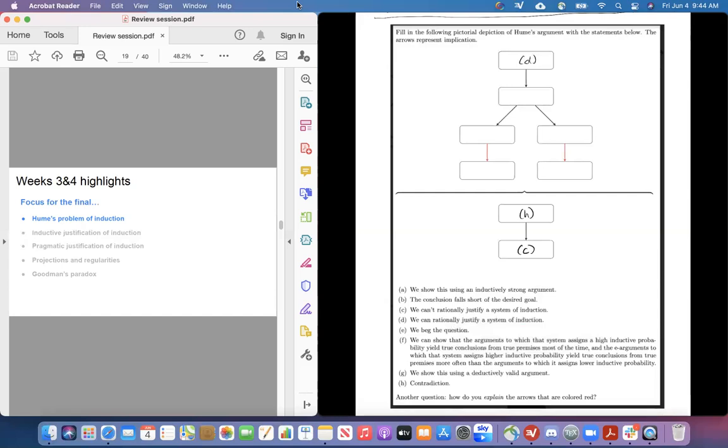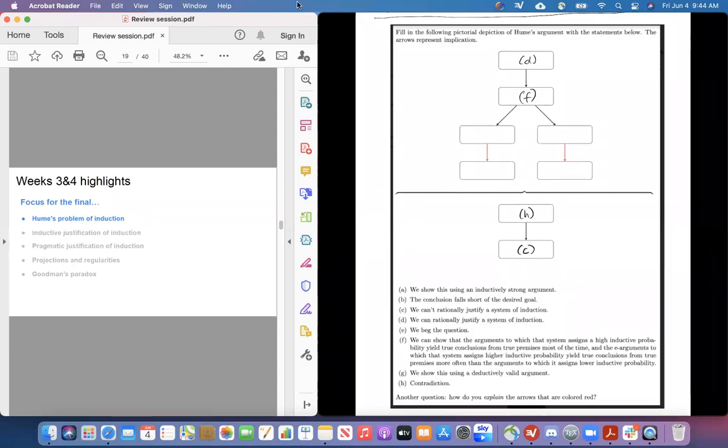What goes under D? Well, that just comes down to what Hume thinks it takes to justify a system of induction. So if we can rationally justify a system of induction, then we can do what F says. So this is what Hume thinks it takes to justify a system of induction. So we can show that the arguments to which that system assigns a high inductive probability give us true conclusions from true premises most of the time.